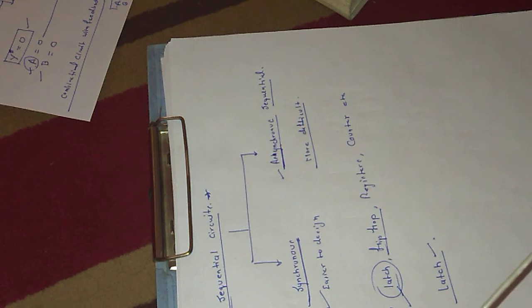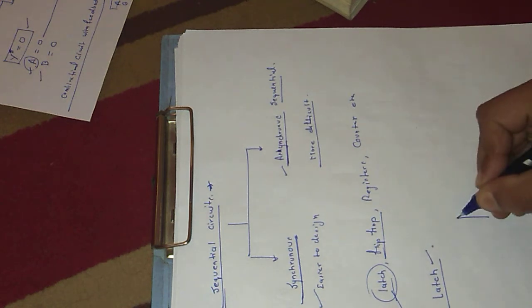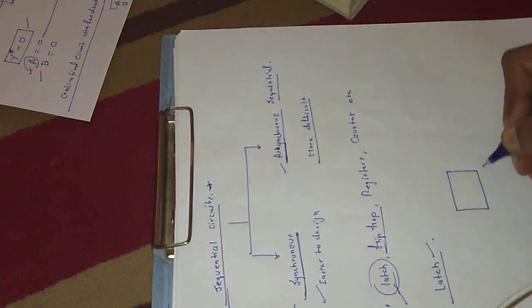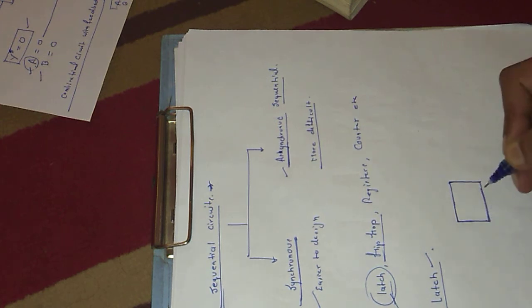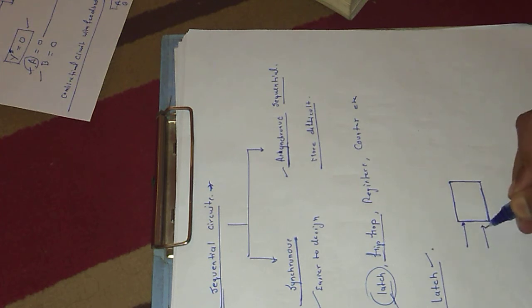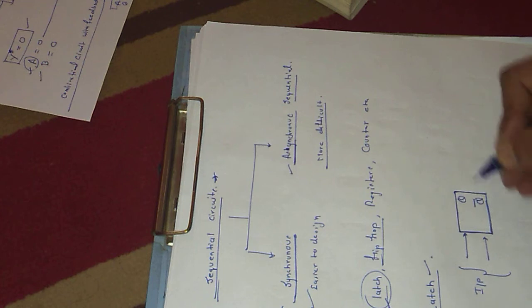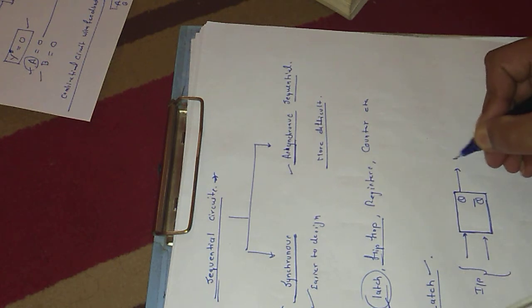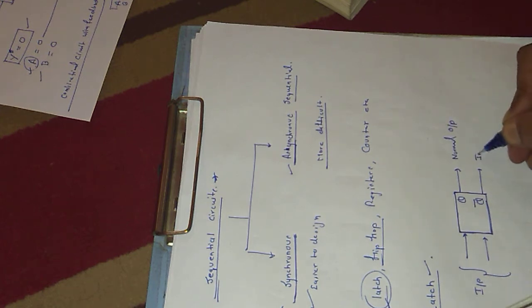Now we will make a general symbol, or block diagram, of a latch. These are the inputs, and there are two outputs. First one is the normal output and second one is the inverted output.